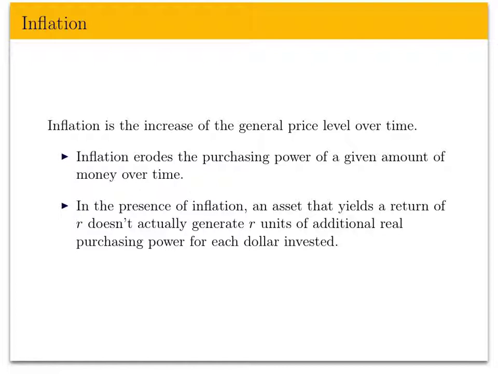So in the presence of inflation, an asset that yields an interest rate or a period return of R doesn't actually generate R units of, and this is the operative word, real purchasing power for each dollar invested. What it gives you is R units of nominal purchasing power. But some of that purchasing power is washed away by the general increase in prices by the end of the time period in which you receive your return.